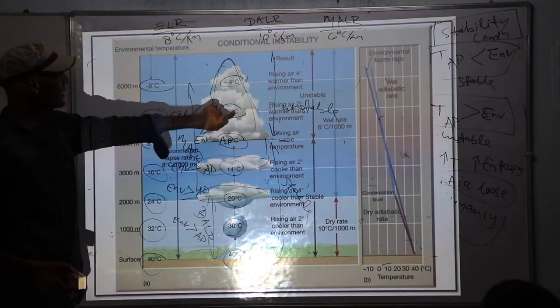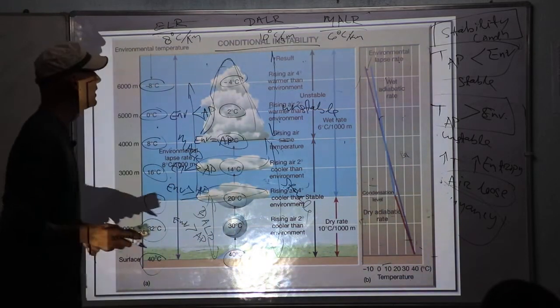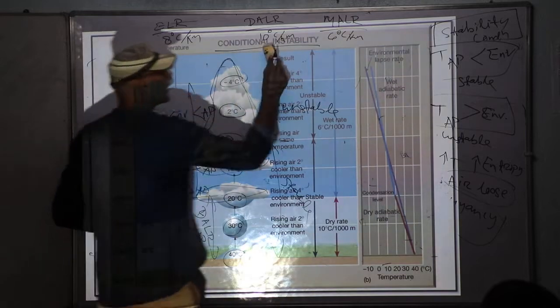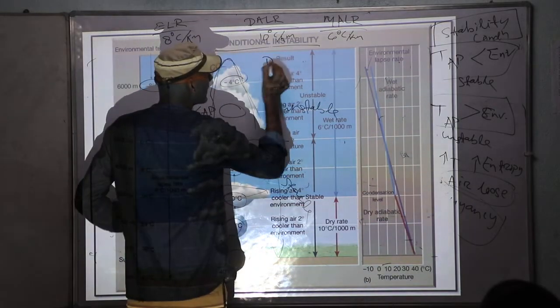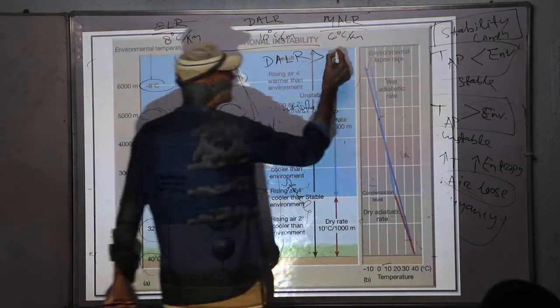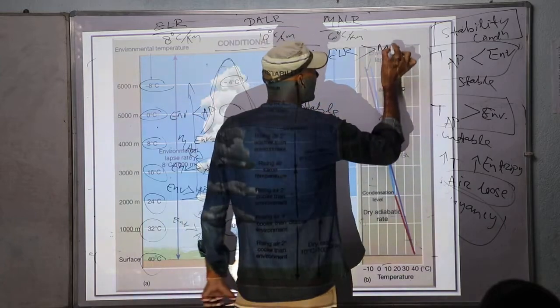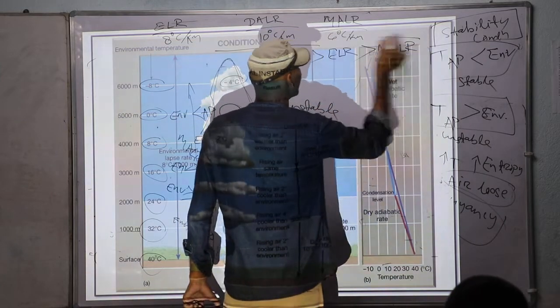Okay, so this is the condition which we are naming conditional instability. You can note the condition that dry adiabatic lapse rate is higher than the environmental lapse rate, and that is greater than the moist or wet adiabatic lapse rate.